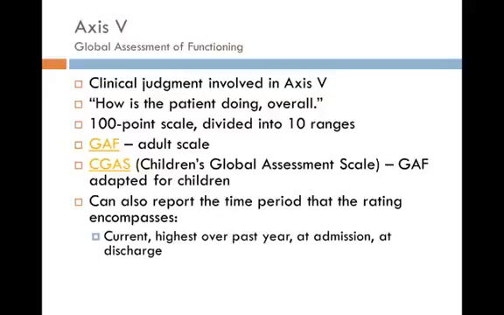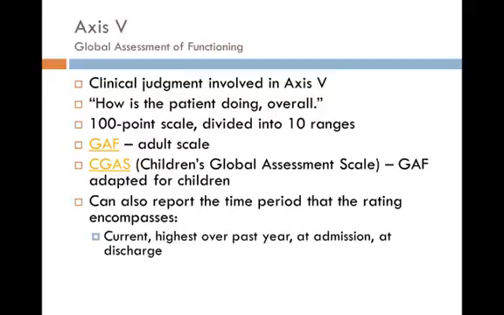It's rated on a global assessment scale, based upon a 100-point scale that is divided into 10 ranges. There is also a GAF score for children, which is known as the Children's Global Assessment Scale, adapted for children.